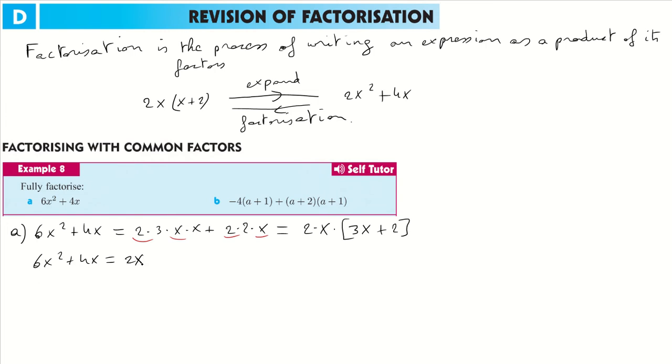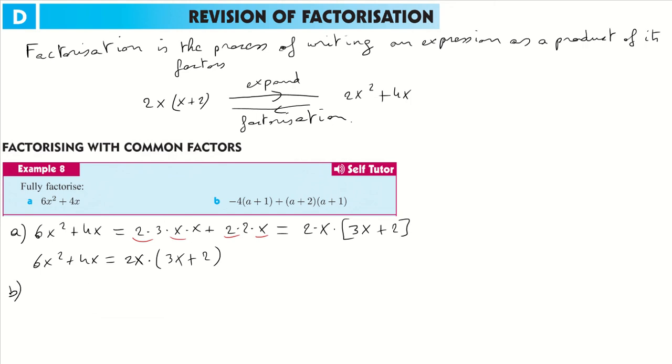If I take 2x out from the first term here, 3x is left, because 3x times 2x is 6x squared. From the second term here, I take again 2x out, and then 2 is left, so it becomes 3x plus 2. Actually, we should see that straight away. If you don't, then you can use this step.